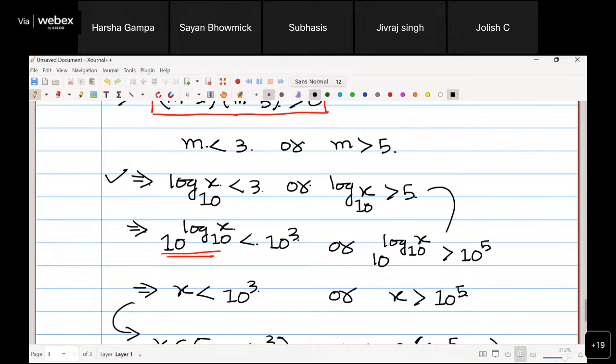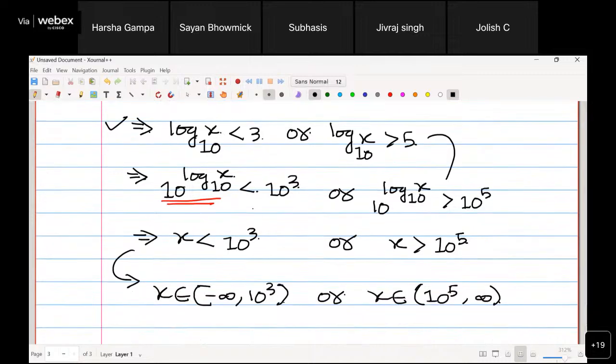So that means x is less than 10 to the power 3, but certainly x can't be negative, because if I consider the negative values of x, then this is basically not defined. So this should be 0 to 10 power 3, and this should be 10 power 3 to infinity.